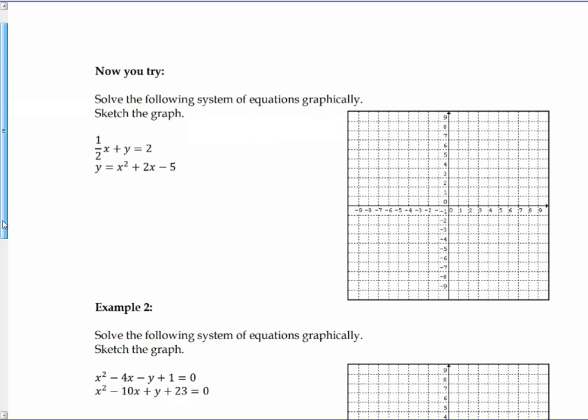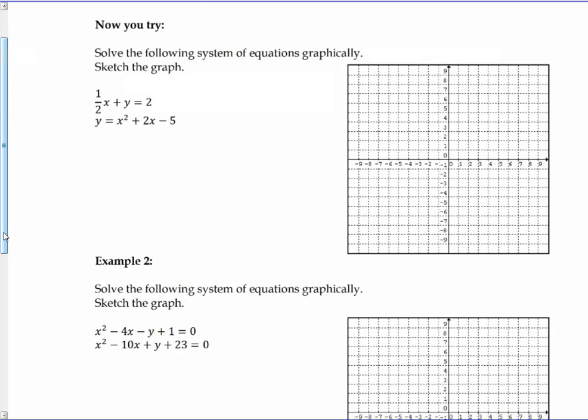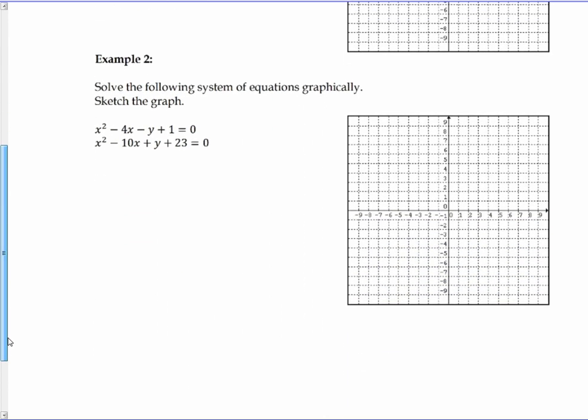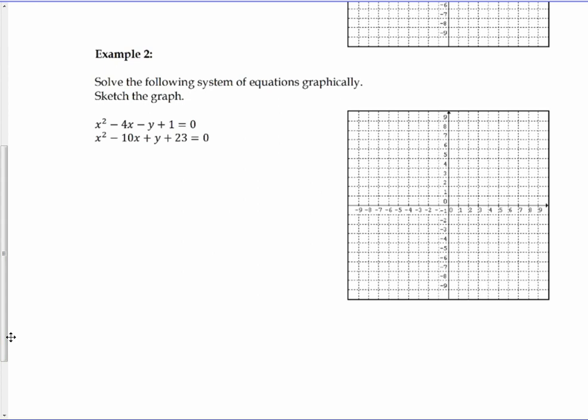What are our steps? Do you know what to do? Make it y equals, then graph it. This one you'll have to use your calculator for. By hand, it would have a nice intersection point.